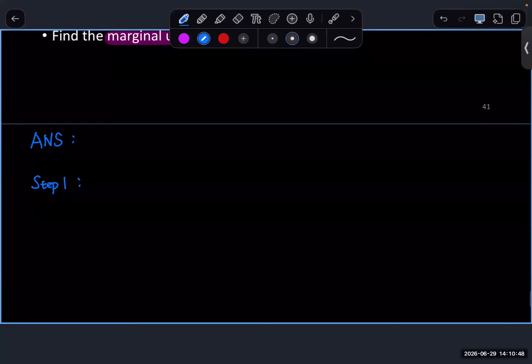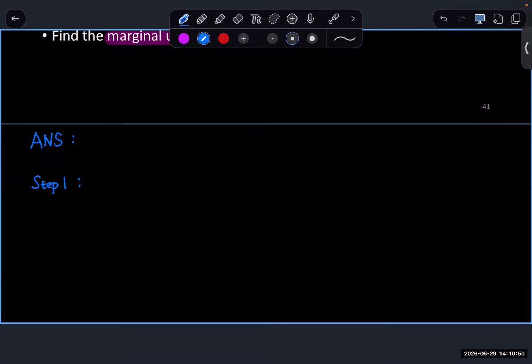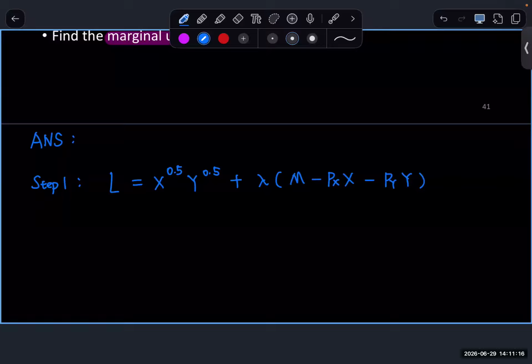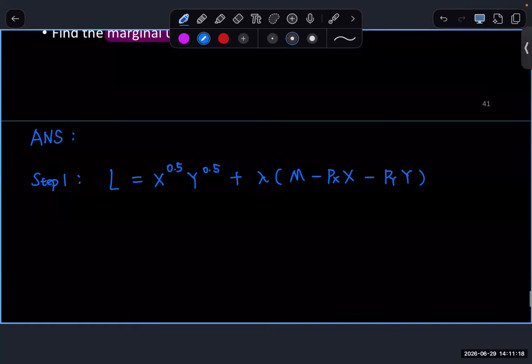The Lagrangian equals X to the power half, Y to the power half, plus lambda times (M minus price of X times X minus price of Y times Y). What is lambda? Lambda is the Lagrangian multiplier.